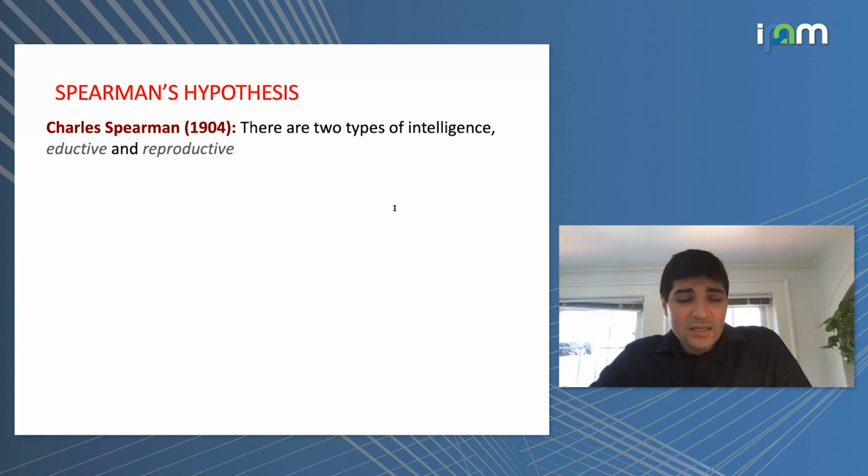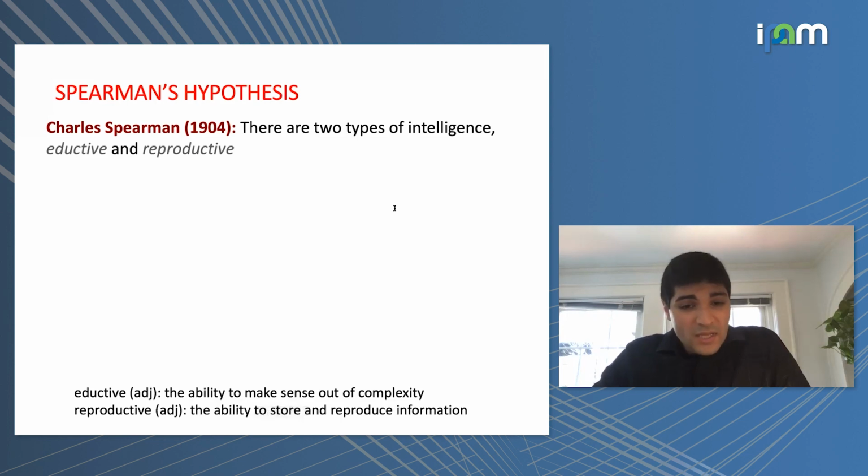So in the early 1900s, Charles Spearman was a very famous psychologist, and he had the following postulate. He believed that there were fundamentally 2 types of intelligence: educative and reproductive. What this means is that he believed that intelligence was divided into these 2 categories, where the first is the ability to make sense out of complexity, and the second one is the ability to store and reproduce information.